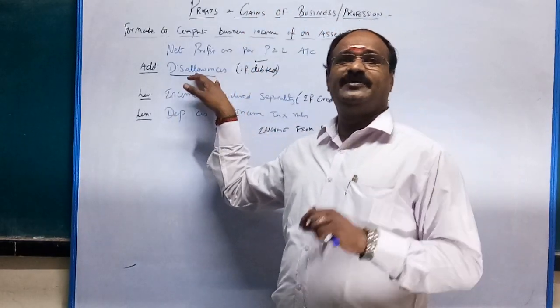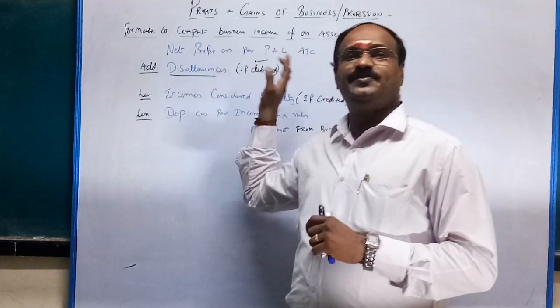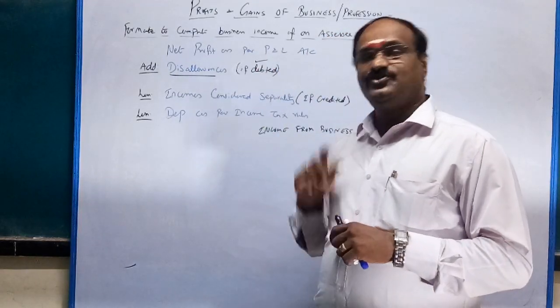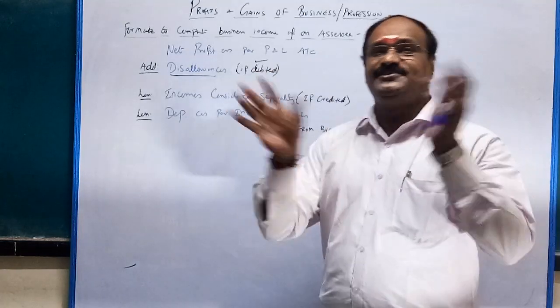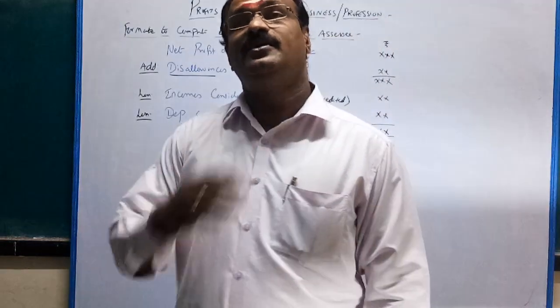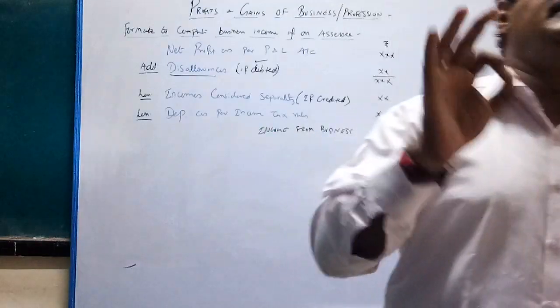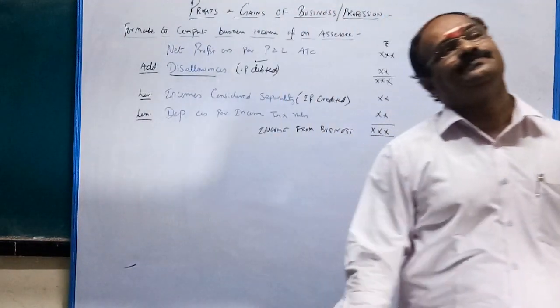For example, if advertisement of 15,000 rupees is paid in cash, since it exceeds 10,000, the entire 15,000 will be disallowed. 100% of the expenditure will be disallowed.